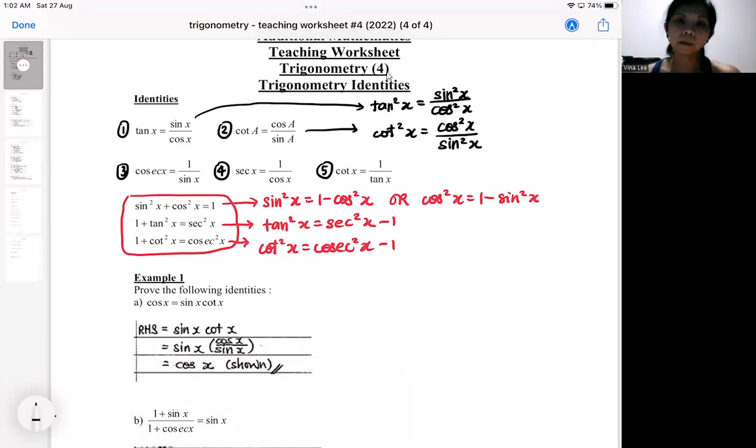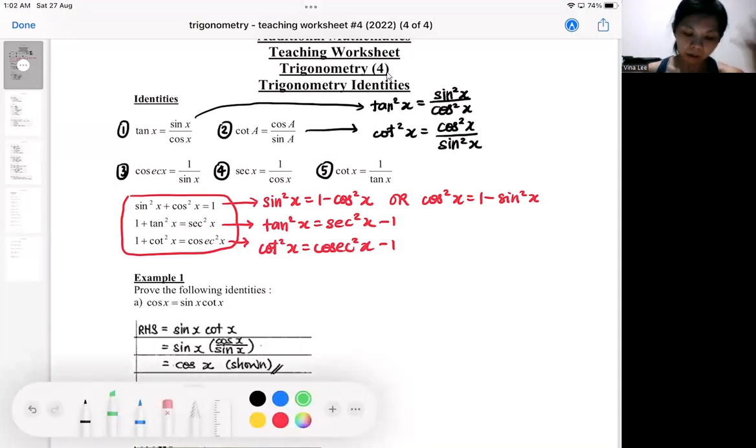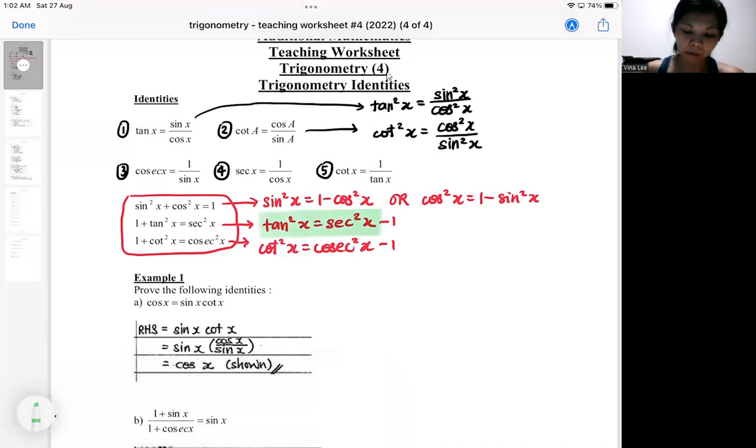Because of this, for tangent square, most people will think about this. They wouldn't think of this. These are the 2 formulas. So sometimes for an expression, there can be more than 1 formula.